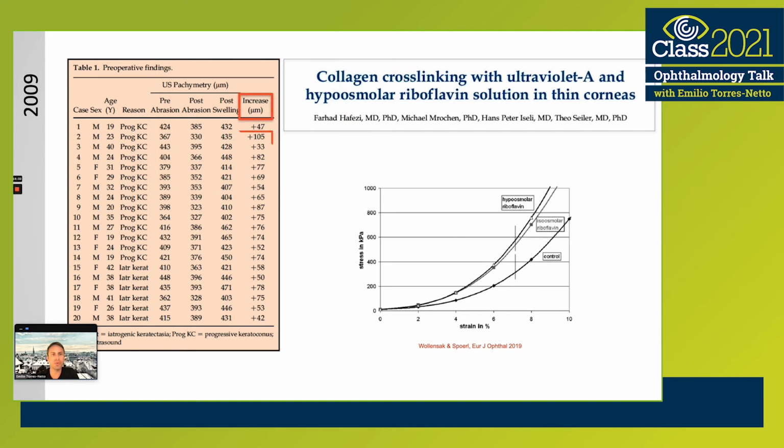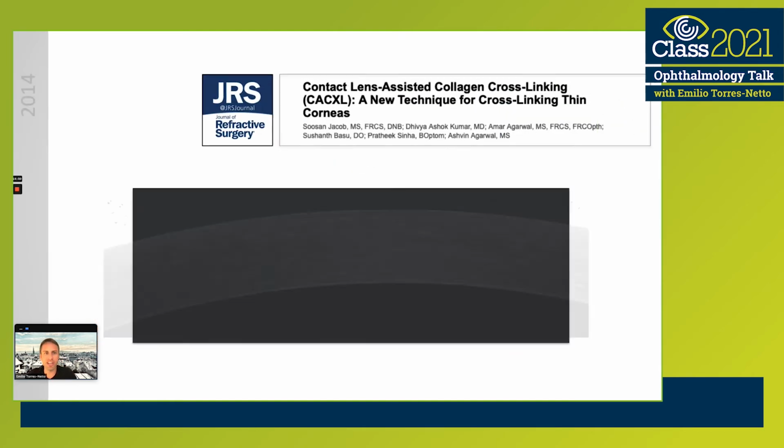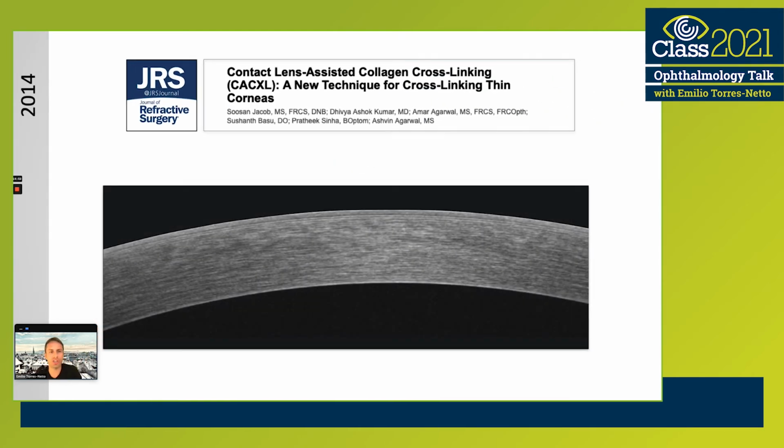The big issue here is that by using hypoosmolar riboflavin alone, we have a variance in the pachymetry increase, and this was not predictable. So this is a limitation of this technique. Then some years later, a new technique was proposed, in which a contact lens would be used to increase the corneal thickness.